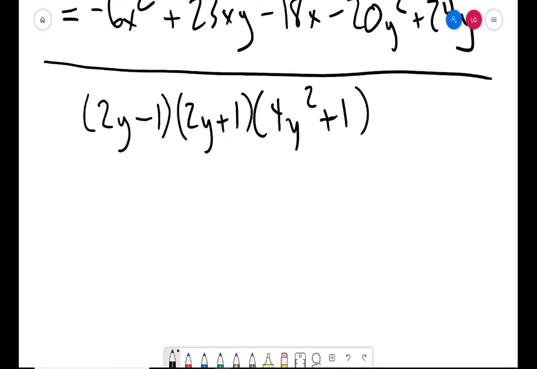We're asked to simplify this or multiply it out. All right, can we simplify inside? Now we have three pairs of parentheses: 2y minus 1, 2y plus 1, 4y squared plus 1. Can we simplify inside of any of these? And the answer there is no. 2y minus 1 is as simple as it gets, 2y plus 1 is as simple as it can get, 4y squared plus 1 is as simple as it can get.